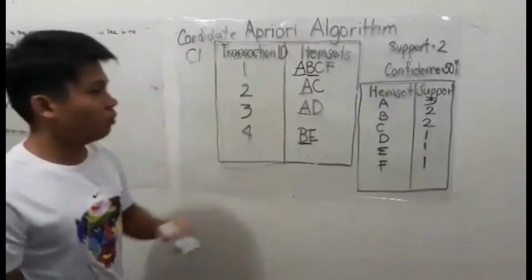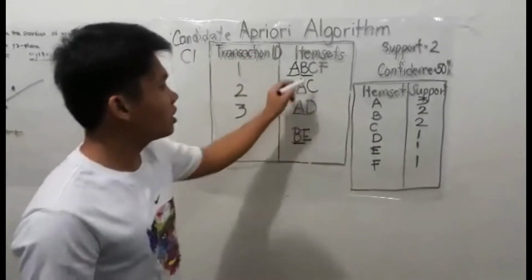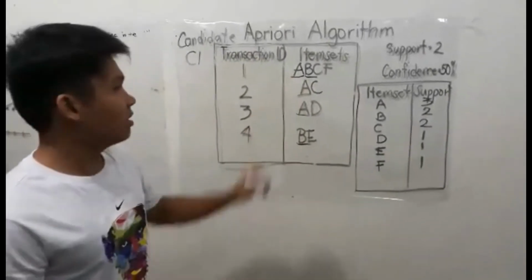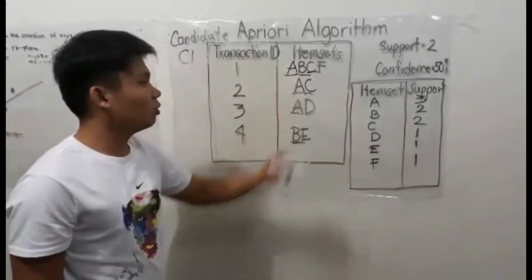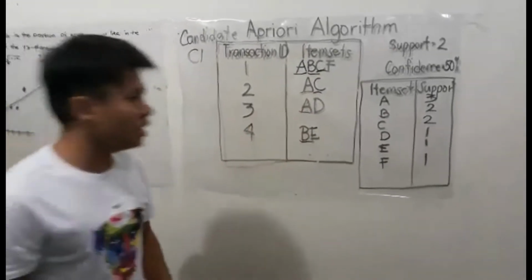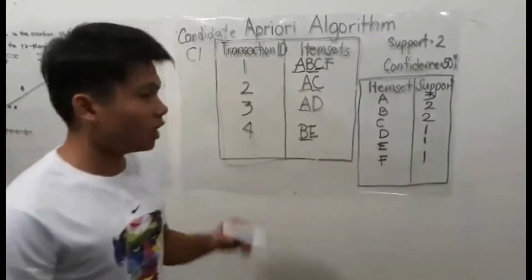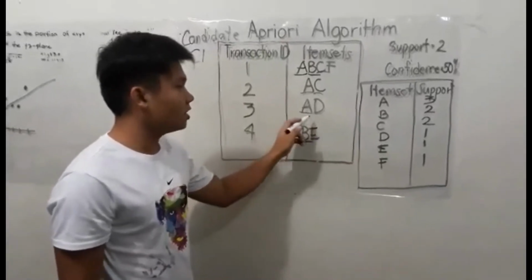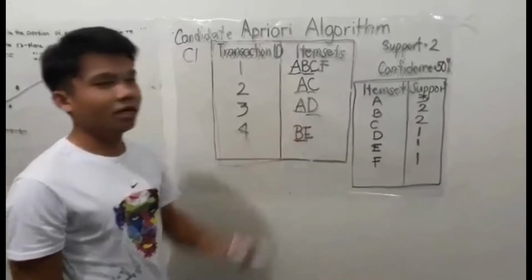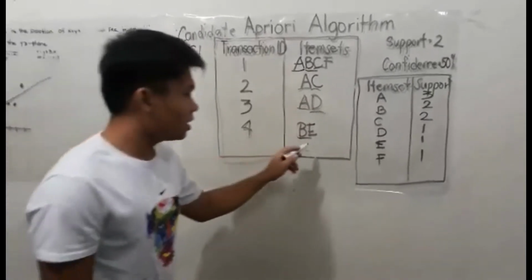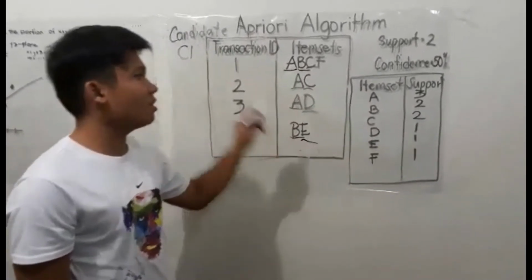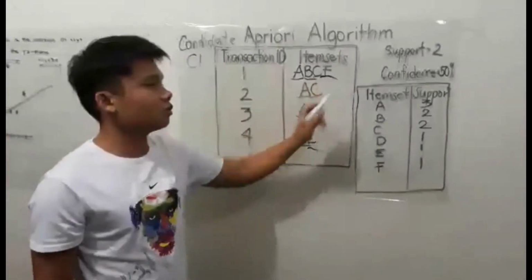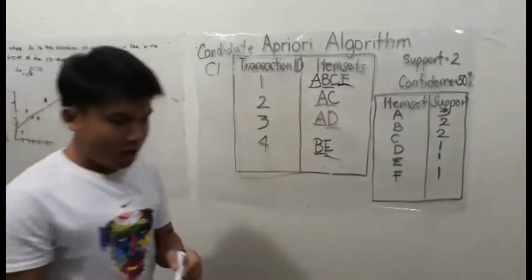While the other one, item set C, was repeated 2 times again: 1 and 2. While item set D was once, that we have calculated, which is equivalent to 1. While E is equivalent also to 1 and F is equivalent also to 1.